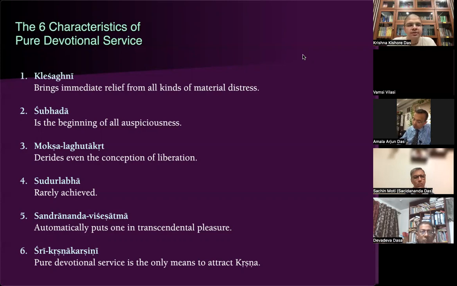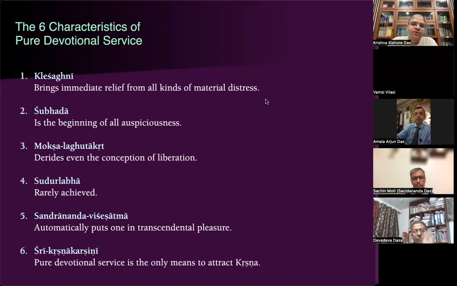Kleshagni. Agni means fire, and Klesha means material miseries. So devotional service burns out all kinds of material distress, all kinds of material miseries. That is the speciality of devotional service. When we practice devotional service, it automatically relieves us from all material desires and material distress.